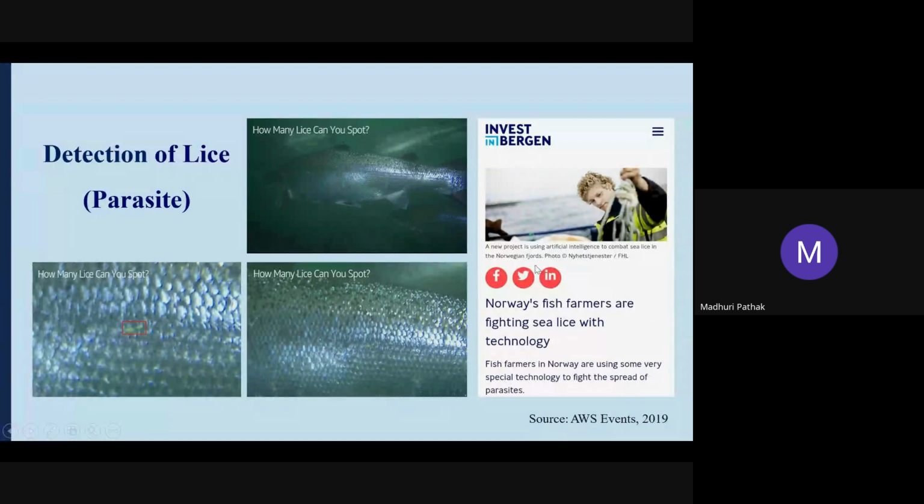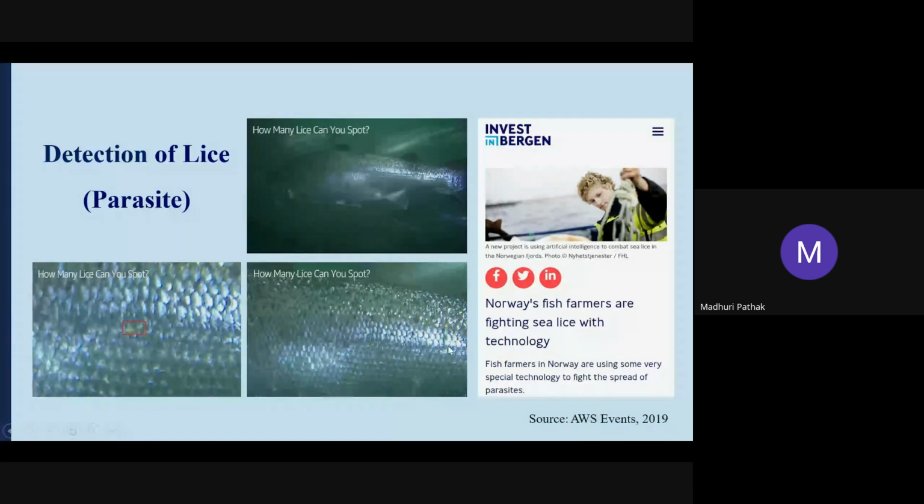Norway's fish farmers are fighting fish lice with technology. Fish farmers in Norway are using special technology to fight the widespread of the parasite. Fish lice is a parasitic disease.